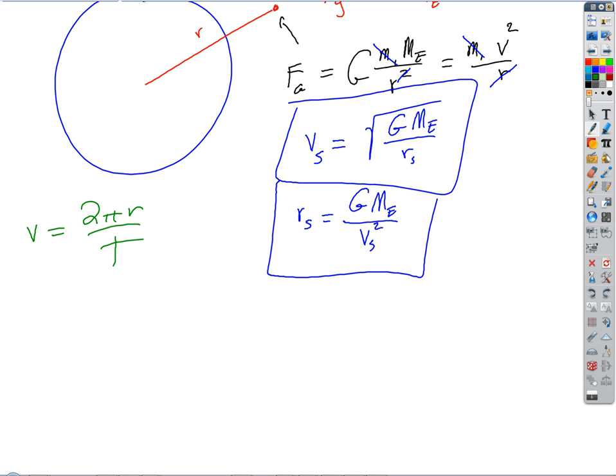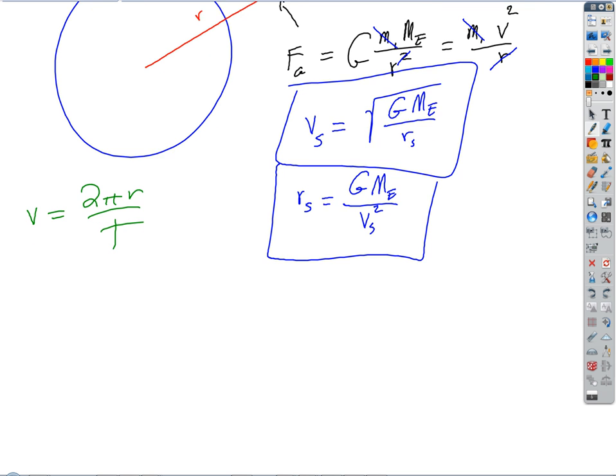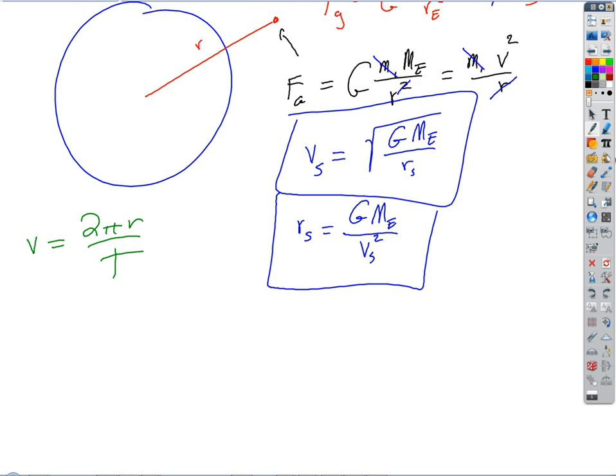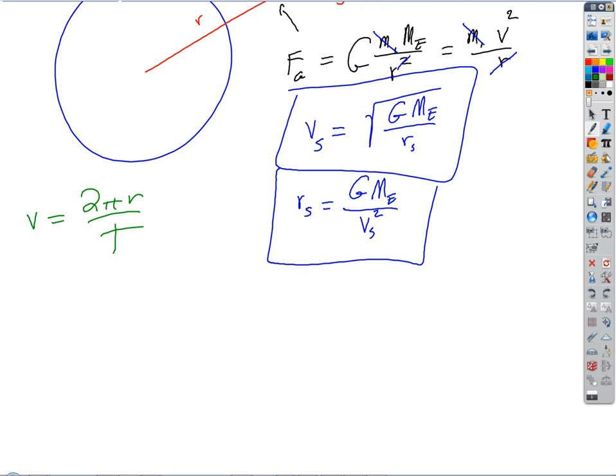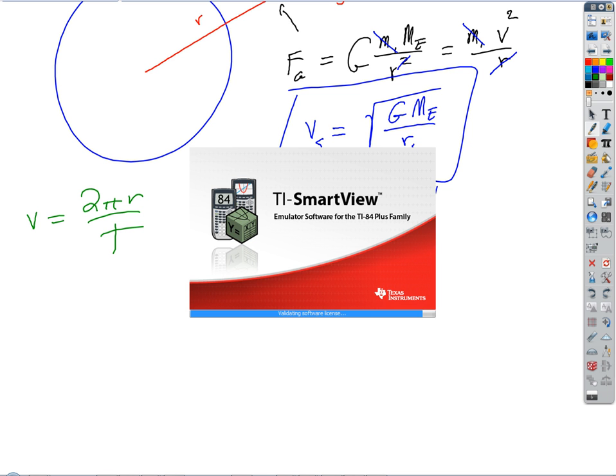Right, okay. So let's plug that in and find out what the speed is going to be, okay? We just need a calculator. What do you think? Let's take a guess. We want to make an estimate.